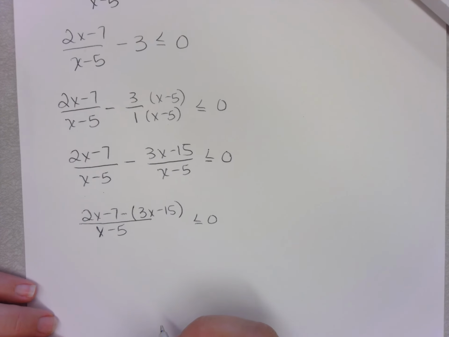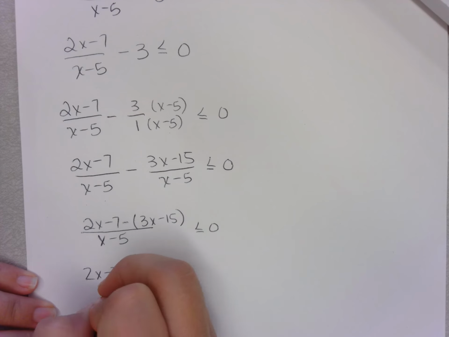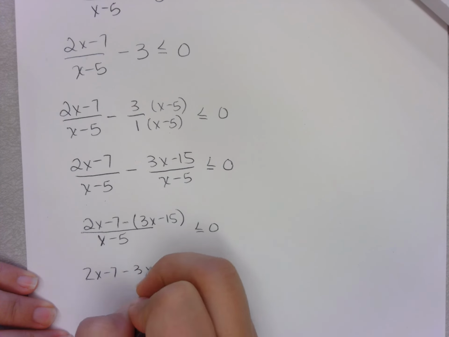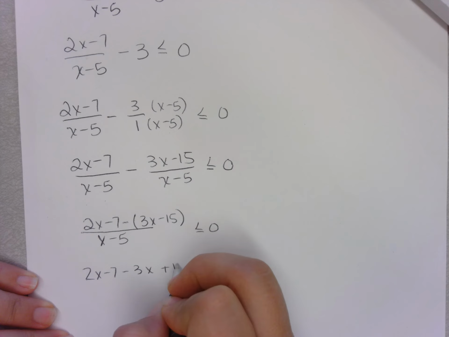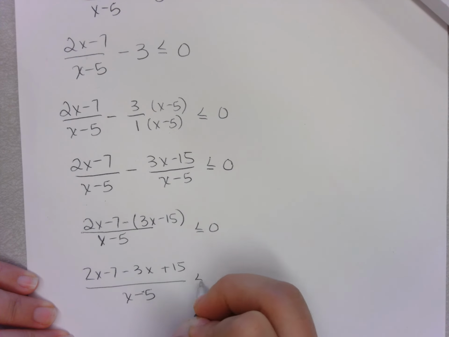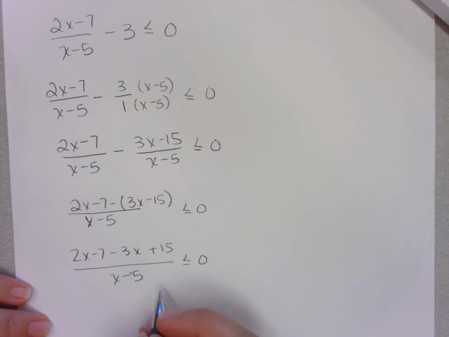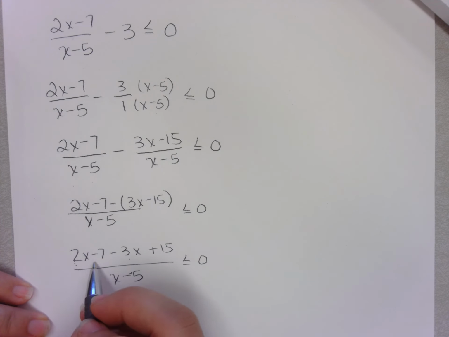A little bit more algebra: I get (2x minus 7 minus 3x plus 15) all over (x minus 5) is less than or equal to 0. Now I can combine some terms up here. I get negative x, and then negative 7 plus 15, which is plus 8, over x minus 5, is less than or equal to 0.